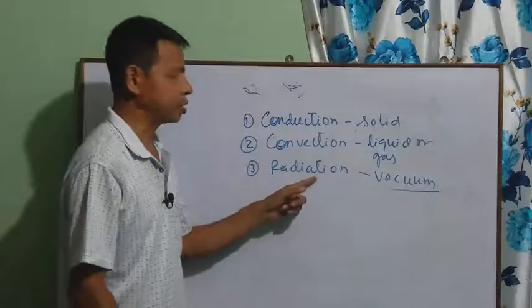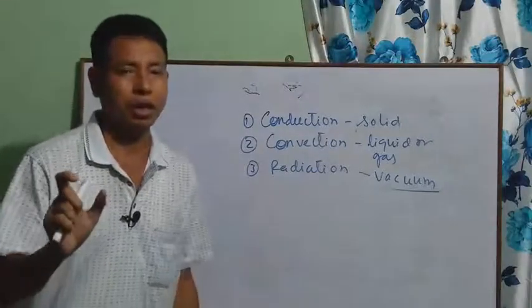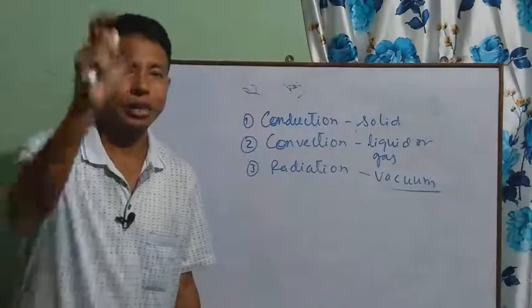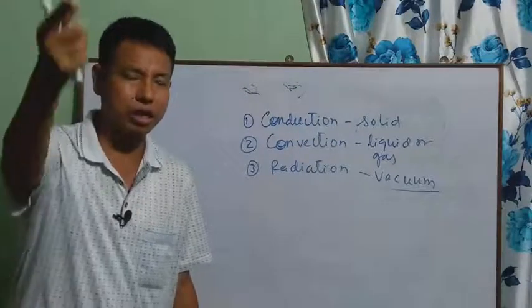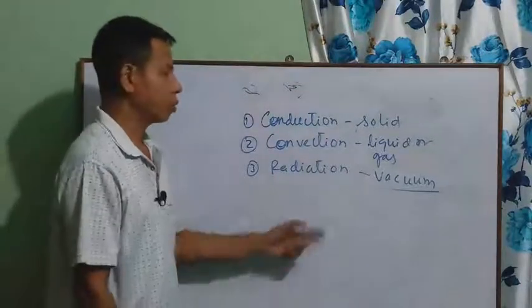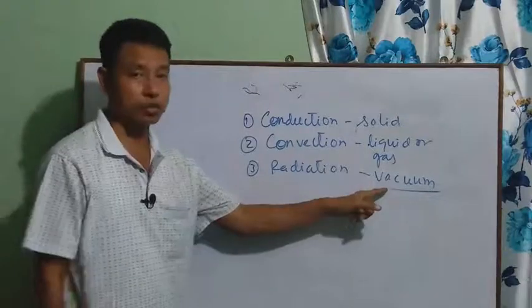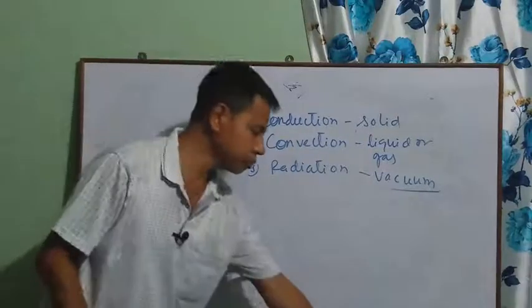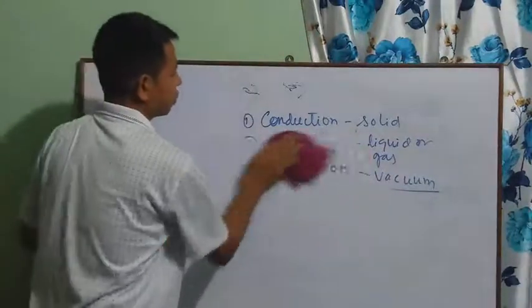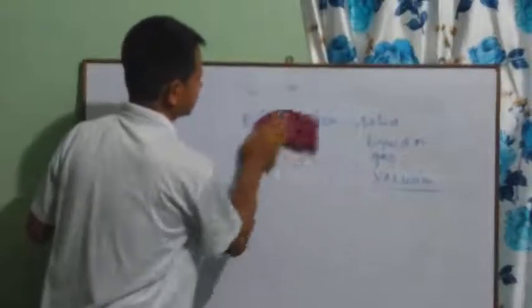In case of radiation, a teacher can throw the book directly from his place up to the last bench. So this is in case of vacuum. Today we'll study about this radiation.